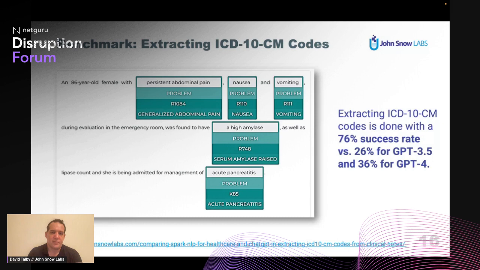We compared our current state-of-the-art models for extracting and normalizing terms to ICD-10 codes within the context of a paragraph versus ChatGPT 3.5 and ChatGPT 4, and you can see there are very significant gaps in accuracy. These numbers really raise the question of what is useful versus not useful in real-world use cases. If something can only give you the correct answer a third of the time, is it really something you want to show to people or use?